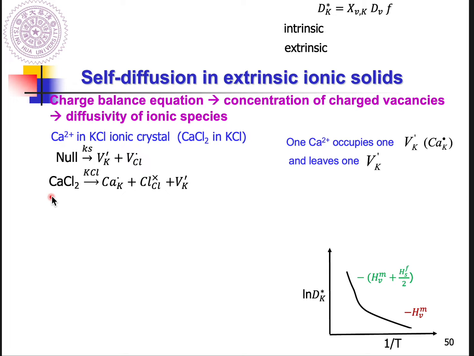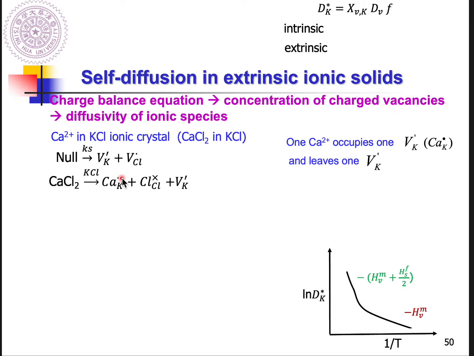So the calcium ion is going to sit at the potassium site, with 2 positive charges, and this vacancy has 1 negative charge.